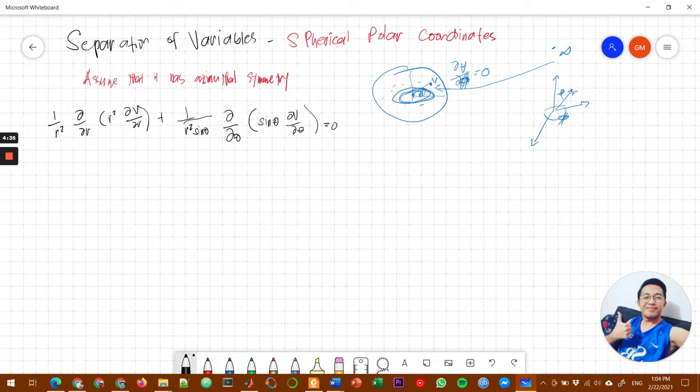So again, to simplify this expression in such a way that the first term contains only the r square in terms of r, and the second term should only contain the theta. So we'll find a way nga mawala ni siya para ang kaning second term is in terms of theta na lang. So in order to do that, you have to multiply the whole equation with r square.